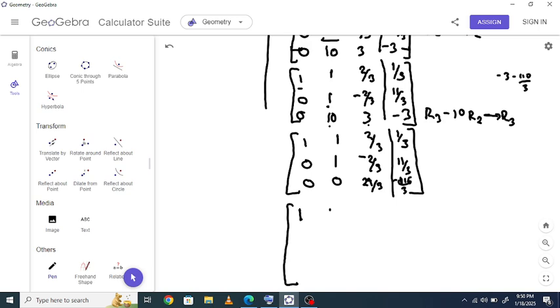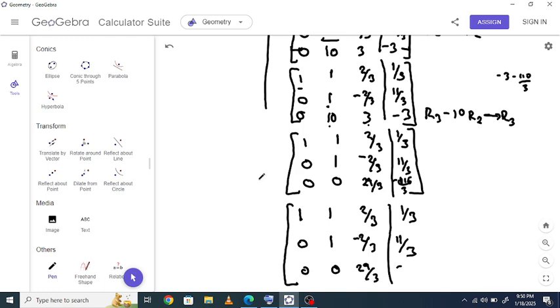We have 1, 1, 2 over 3, 1 over 3. Then 0, 1, -2 over 3, and here we got 11 over 3. In the last row we get 0, 0, 29 over 3, then -116 over 3, and it's a negative value.